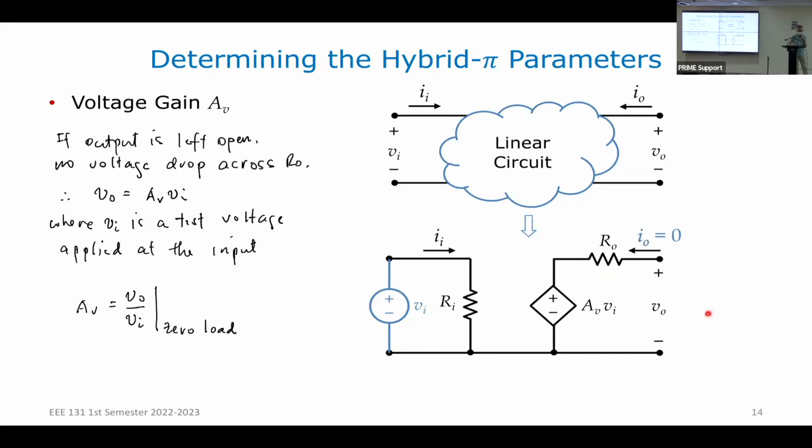Zero load pag Thevenin, you leave this open. Okay. So we now know how to determine A sub V.